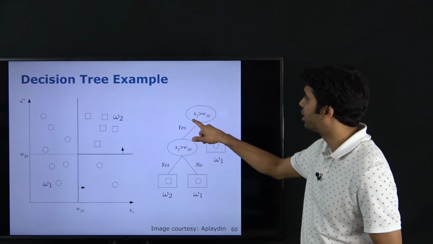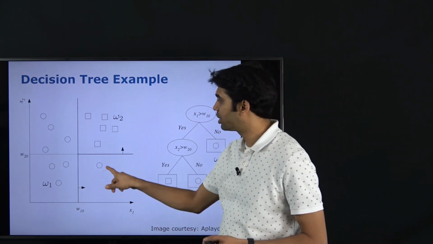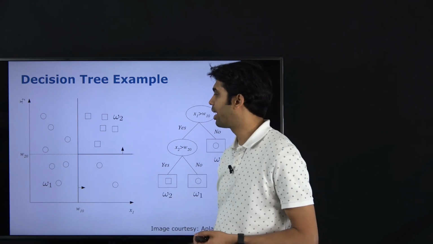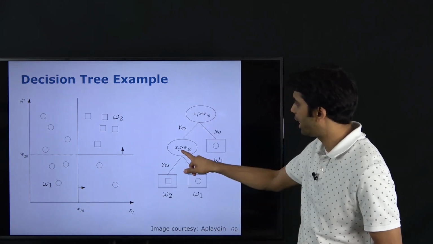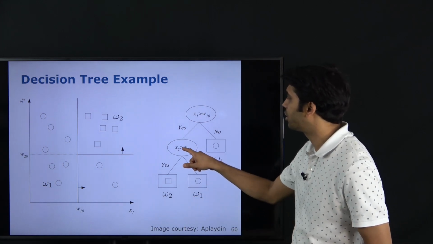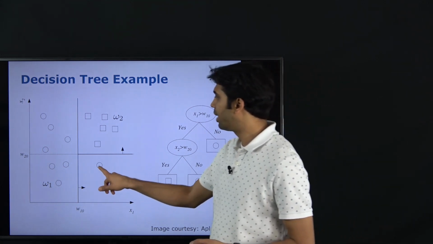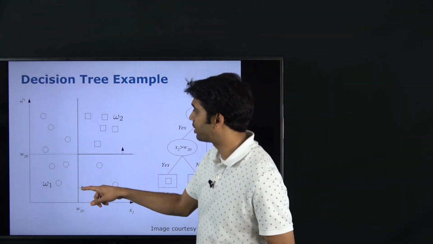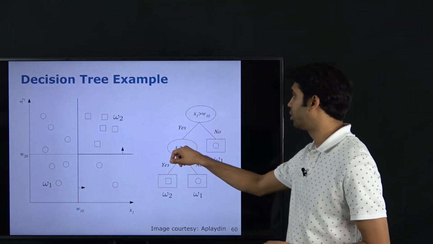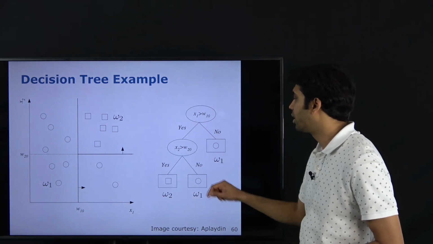So the question is, is x1 greater than W10? If we take this data point here, yes, it's greater than W10, then we end up down on this branch here. Then it says, okay, check if x2 is greater than W20, and x2 is actually less than W20, and therefore the answer to this question is no, and therefore this corresponds to a circle example.